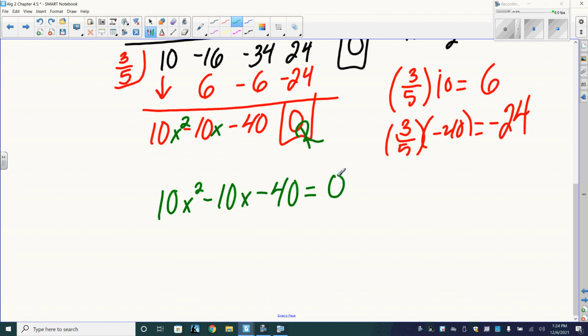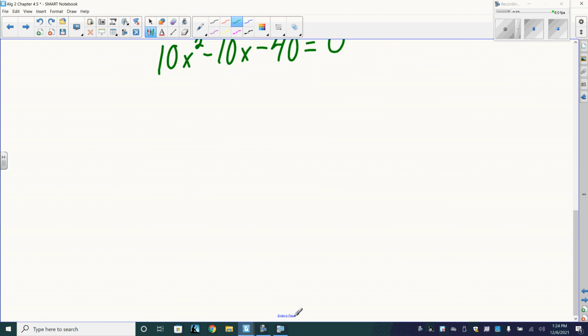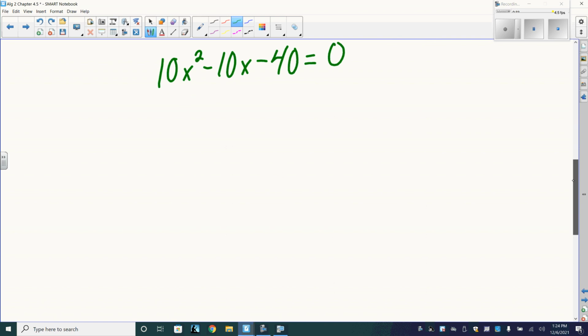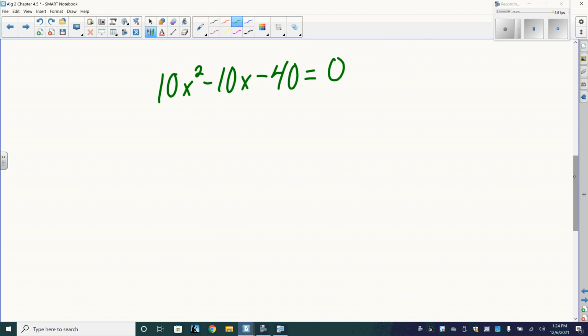Since we got it down to a quadratic, we can use the quadratic formula to find the remaining 2. Now, one piece of helpful information: is there a greatest common factor between these 3 terms? 10, yes? We can leave it in there, or we can divide each one of them by 10 and get rid of it.